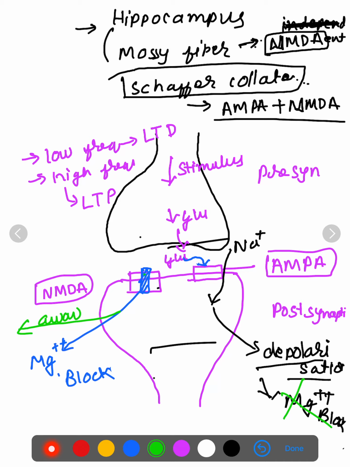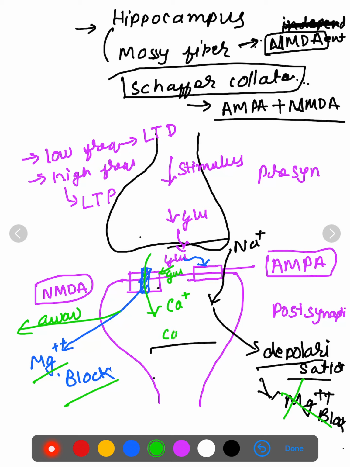Now glutamate will do what here? The magnesium block is there, and glutamate is coming here again. Once magnesium is going away, what will happen? Calcium will come.